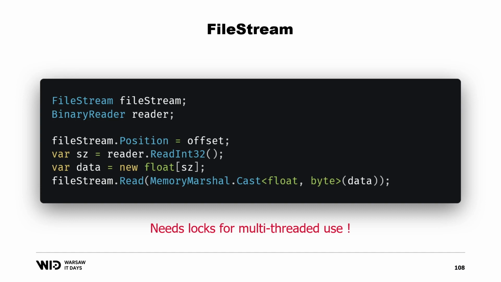Another issue is that, depending on the strategy used by this file stream, you make two reads, one for the read int32 and one for the read into the span. One possibility is that each of them will do one system call. It will call the operating system, and the operating system will copy some data from its own memory into the process memory. That has some overhead. The other possibility is that the stream is buffered.